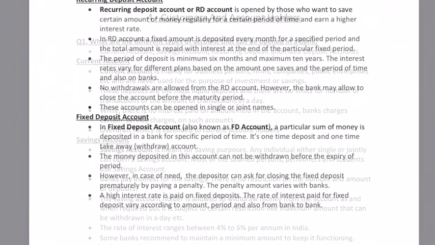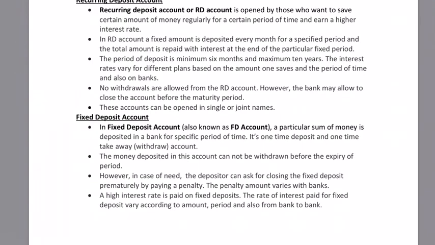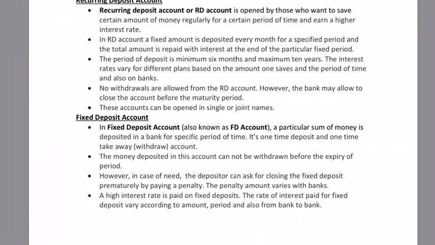The next type of account is recurring deposit account or RD account. This is opened by those who want to save a certain sum of money regularly for a certain period of time. And this also helps them get a higher interest rate.